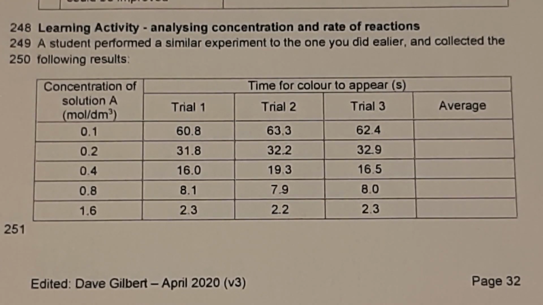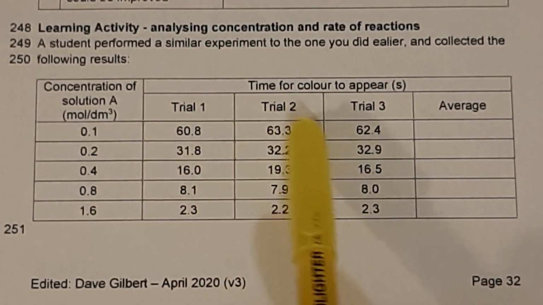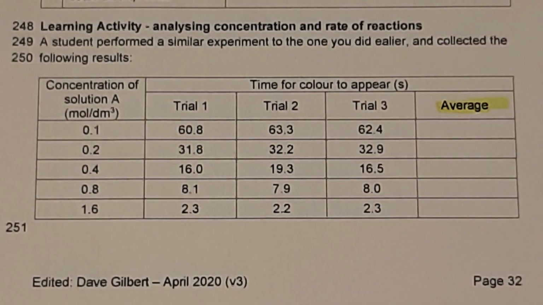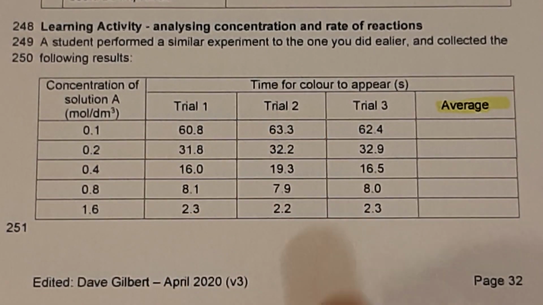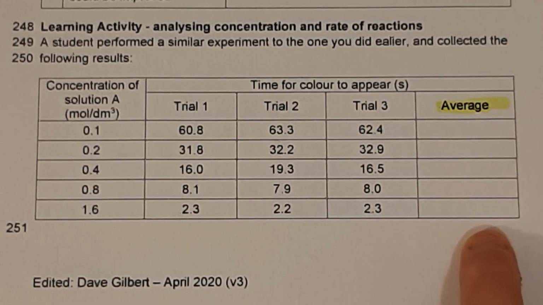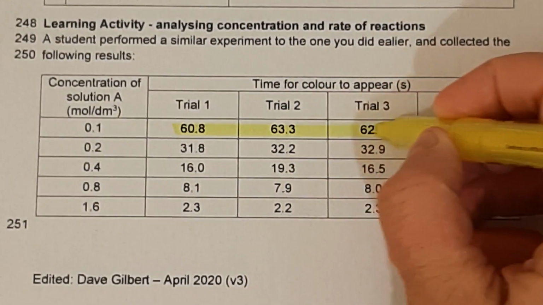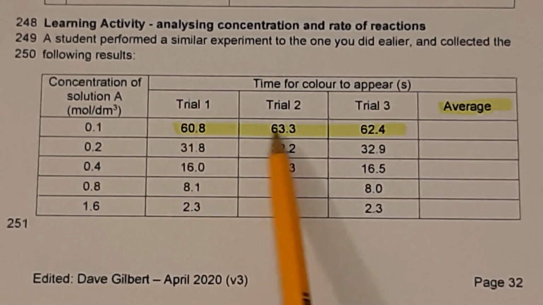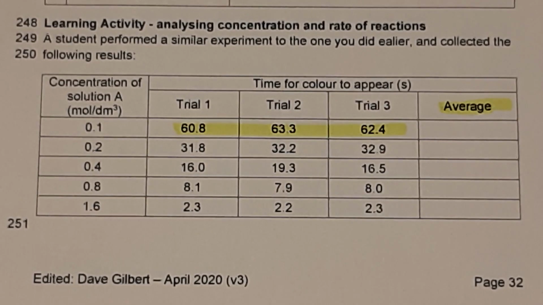Now, as you can see, there are 3 trials and an average. The average must be calculated, so have a look at the results and use them to calculate the average in this column, please. I recommend using a calculator for this, as that's always allowed in science. Pause the video whilst you calculate the average of these 3 values. To remember, to calculate the average, you add up the values together and then divide by the number of values there are.